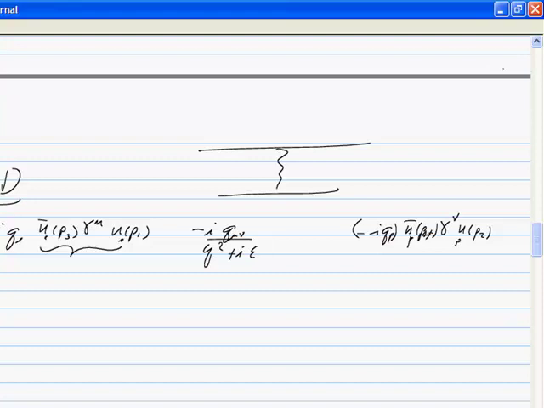And the Lorentz indices, so that came from i D_Feynman mu nu (x minus y) is the vacuum expectation of the time-ordered product A mu of x, A nu of y.